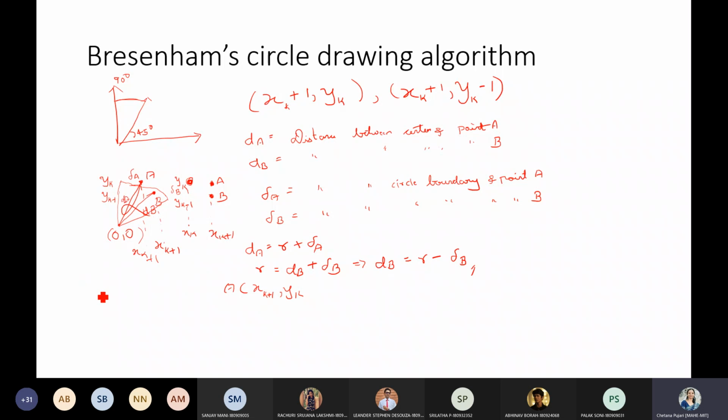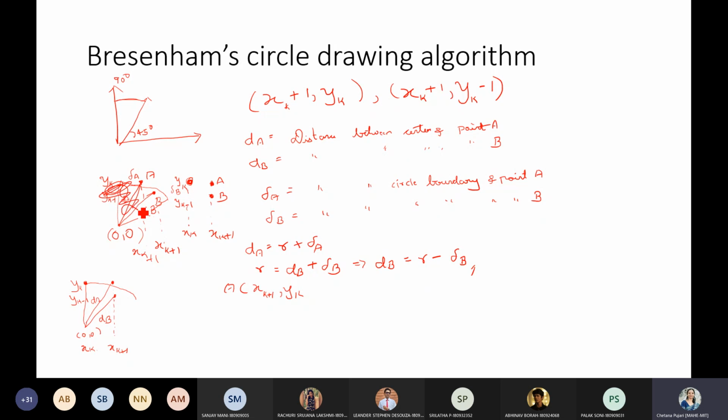So I'll just rewrite it. Is it okay? I hope this is clear.